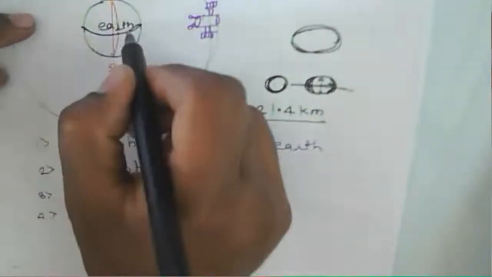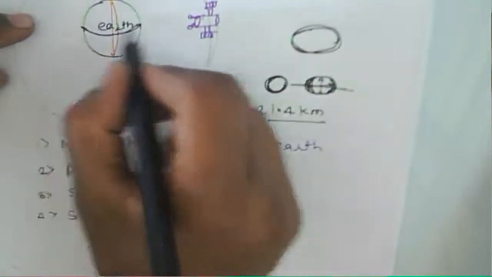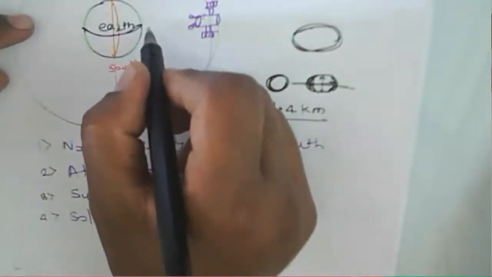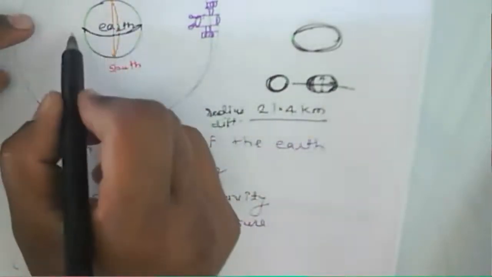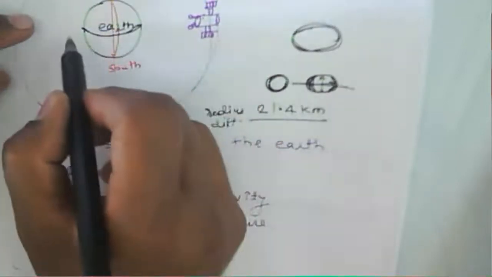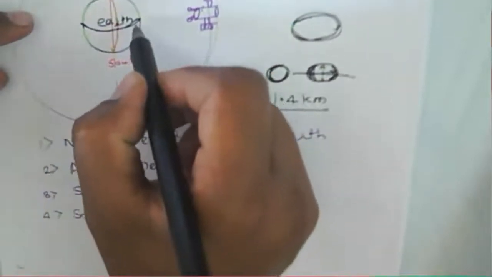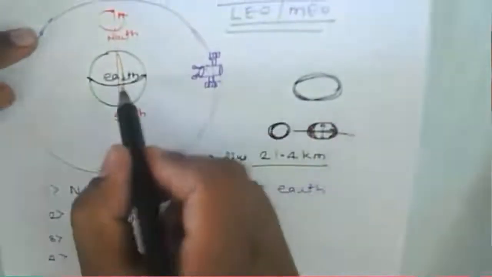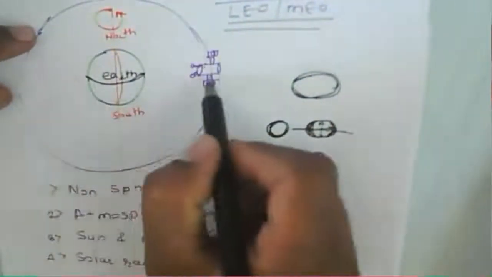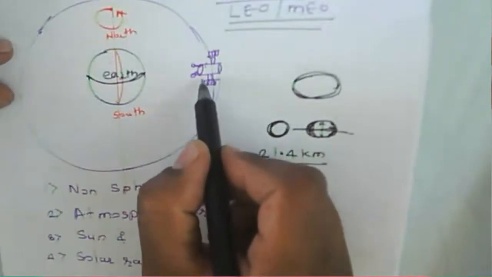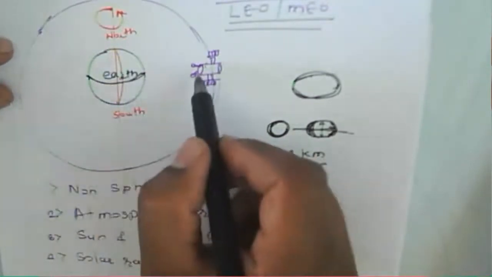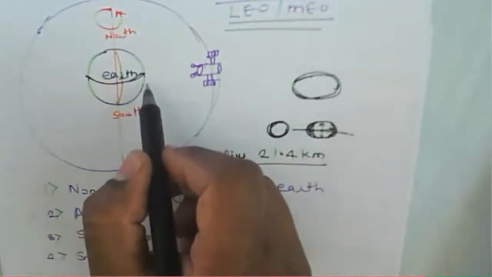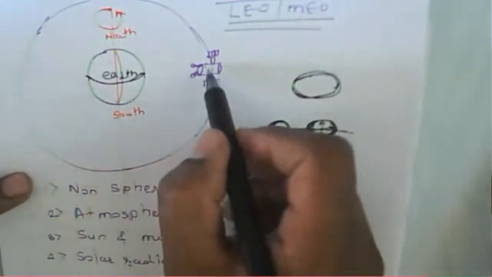So if you consider that the satellite is moving with the Earth toward the east, the Earth rotates toward the east. So the satellite is to be rotated toward the east, because it's a geostationary satellite.